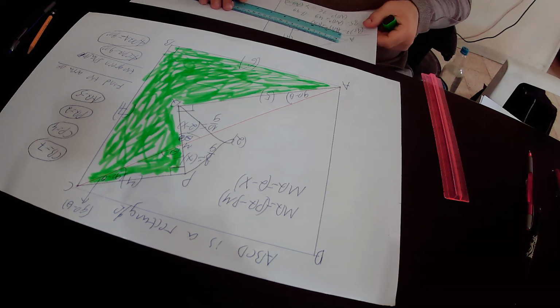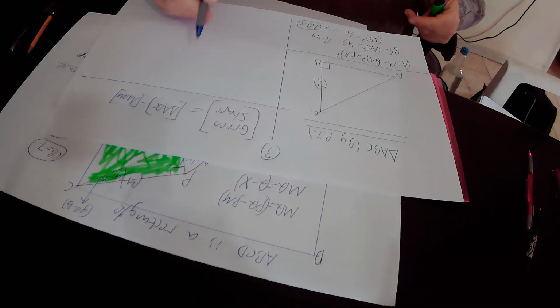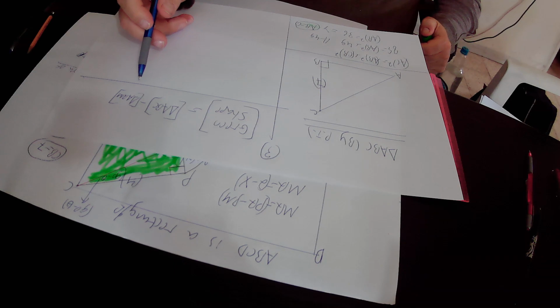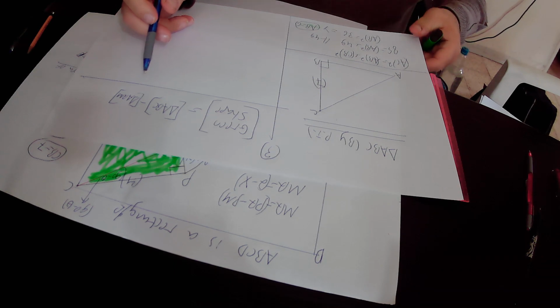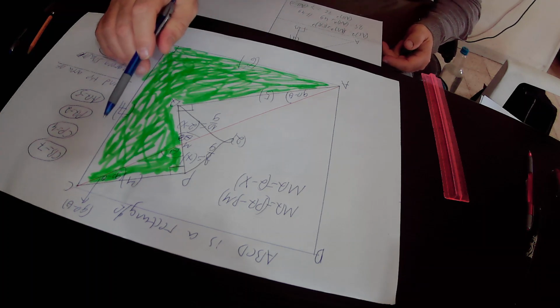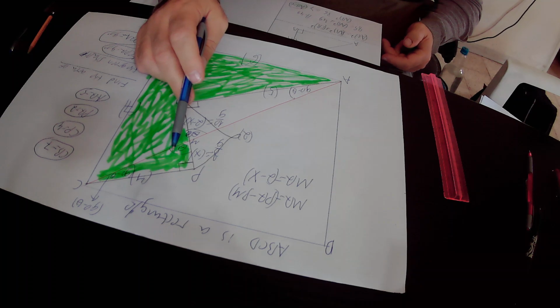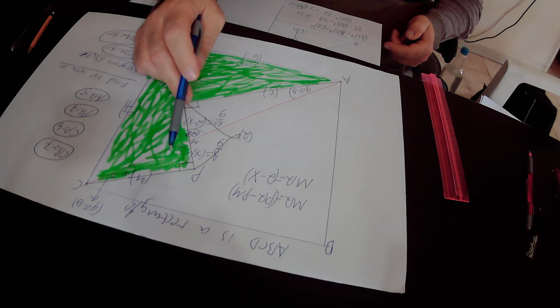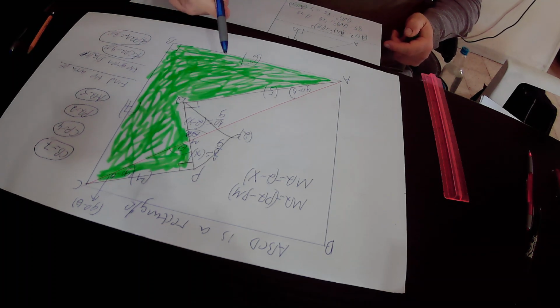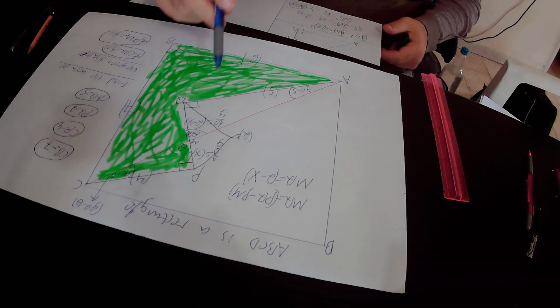So the area of the green shape equals the area of the big right triangle ABC minus the area of the right triangle AQM, and because the area of the big right triangle ABC does not include this green right triangle PCM, we have to add to the area of the big right triangle ABC the area of this green small right triangle PCM.